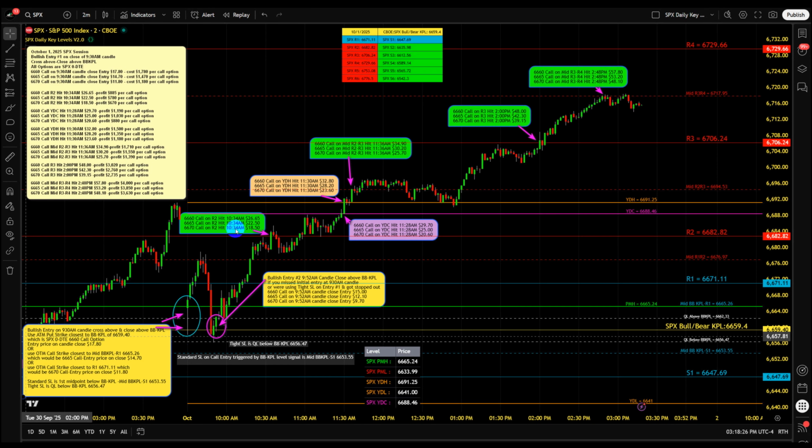Okay, so moving right along here, at 10:34 a.m., the SPX hits the R2 level here. And remember, as we talked about, these levels above are your take profit levels.